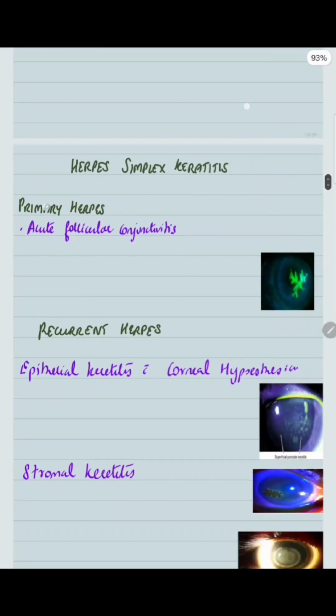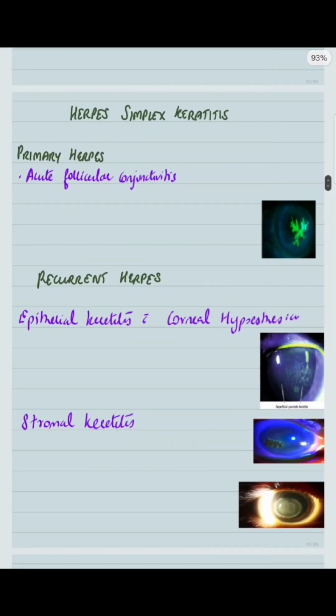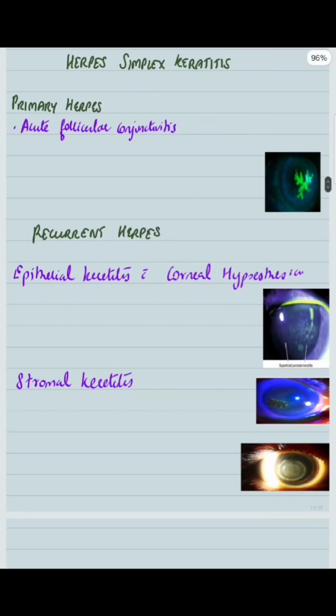That is bacterial corneal ulcer. Now coming to herpes simplex keratitis. Herpes can be primary or recurrent. In primary herpes, the symptoms are less compared to recurrent.